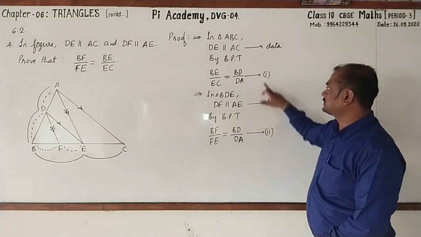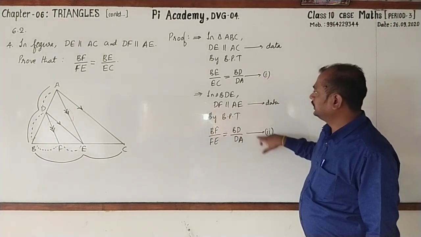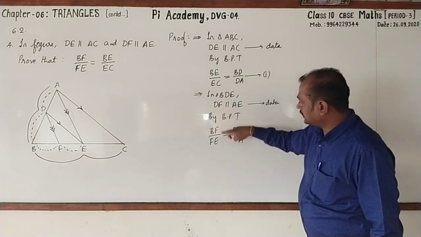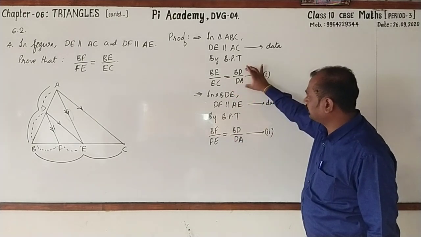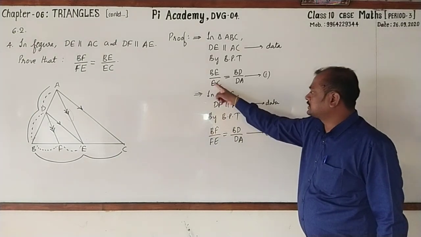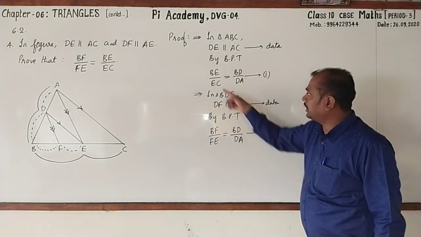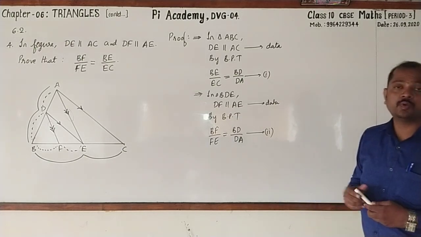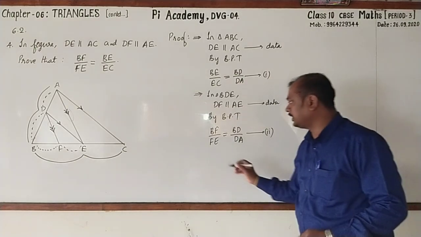Observe both statements 1 and 2. Here, two different things are equal to the same thing, BD by DA. Things which are equal to the same thing are equal to one another. According to what? Euclid's axiom, right?